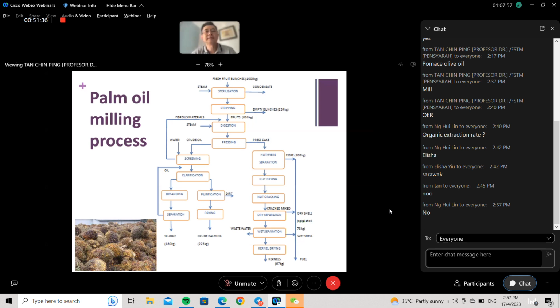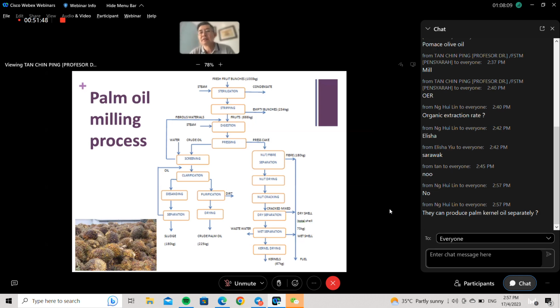Why not? If exam questions are like this, how are you going to answer in the final exam? Can the mills do it during the pressing process? Yes, they can produce palm kernel oil separately. Why must they produce palm kernel oil separately?